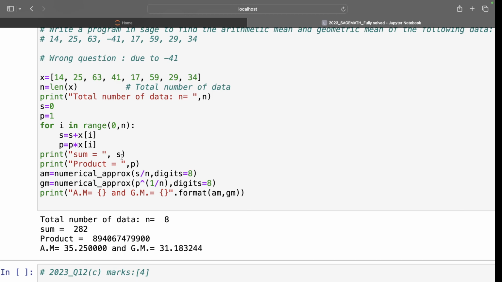Print sum equal to S, print product. After the for colon, there's indentation, this line under the for loop. So S equal to this and P equal to this are under this for loop.